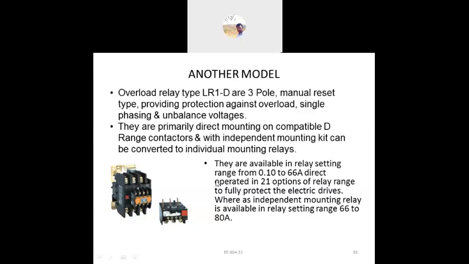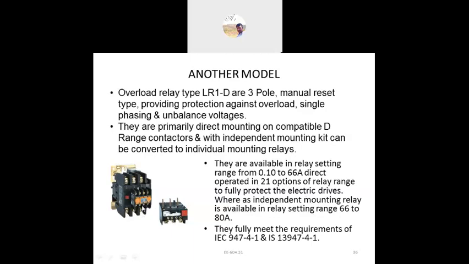Here is the 3-pole protective relay. It has a setting range from 0.10 to 66, direct operated, in 21 options of relay range. So we have the time setting dial, and from this we can change the setting variations for how much operation we need.